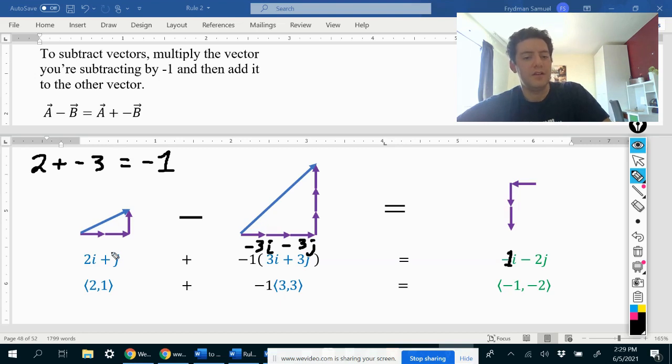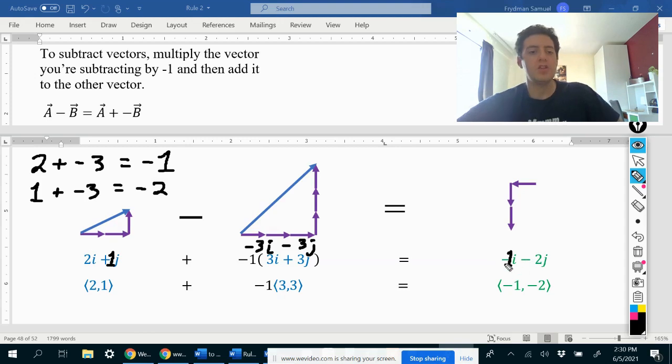And then here I'll just write in the 1. 1j plus -3j. Let's just add the coefficients. So 1 plus -3 is like 1 minus 3, which is -2. And you can see over here we have minus 2j. Okay?